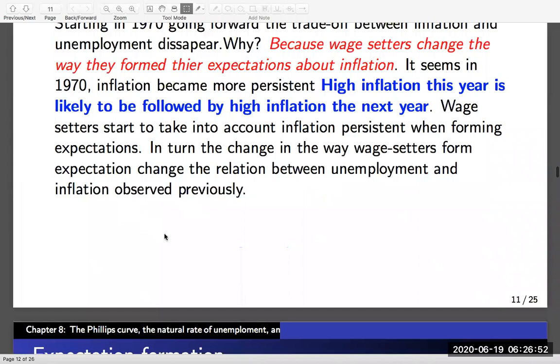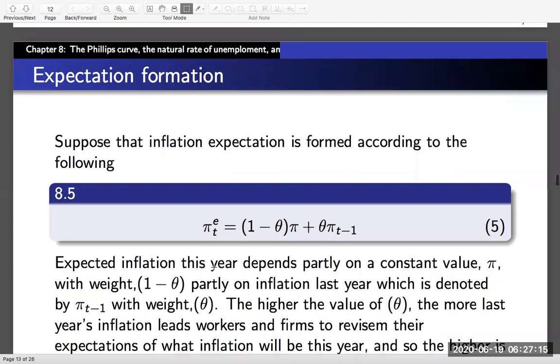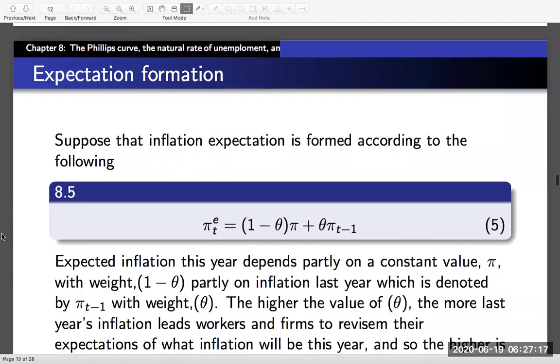Suppose that inflation expectation is formed according to the following equation. We're no longer saying that pi E is equal to pi. We rather introduce some factor theta, which measures the trade-off. So expected inflation this year depends partially on a constant value pi-bar with a weight of 1 minus theta, and on last year's inflation with a weight of theta.